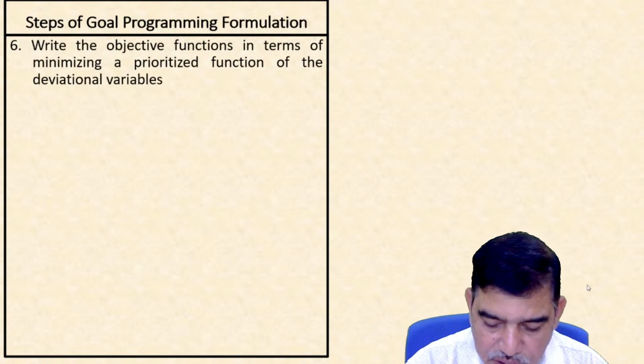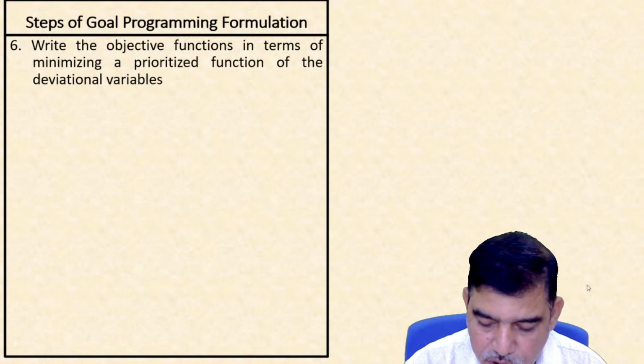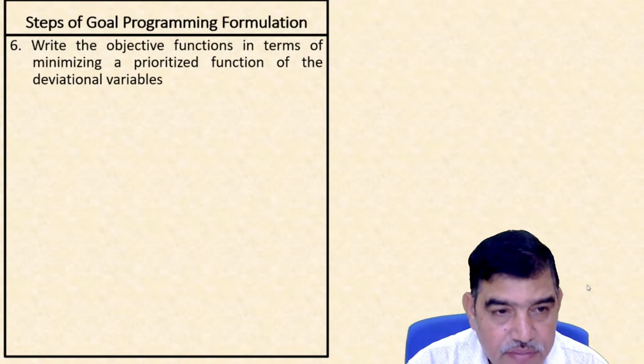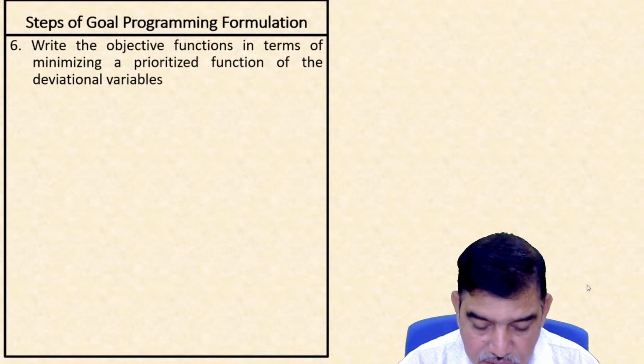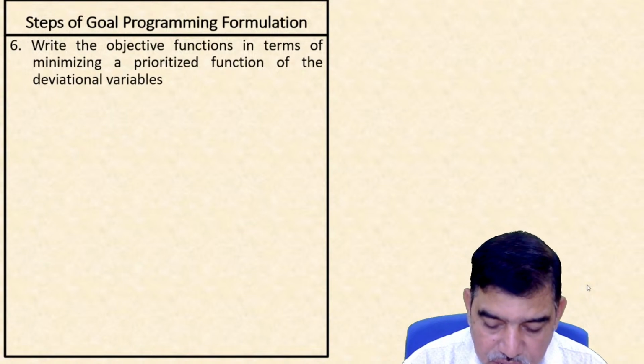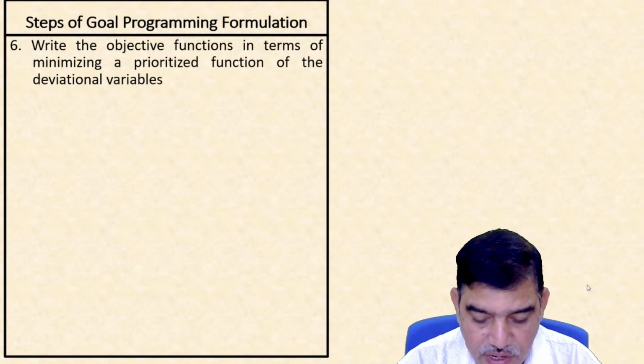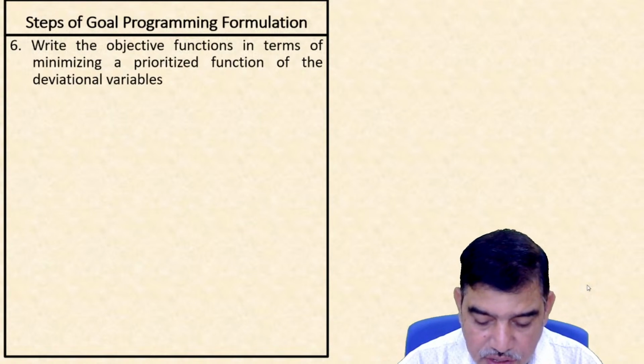The goal programming model, formation of goal programming problems, with a relatively simple example. The steps we have taken in the model formulation can be briefly summarized as follows. Number 1, define variables and constants. The first step in model formation is the definition of choice variables and the right hand side constants.